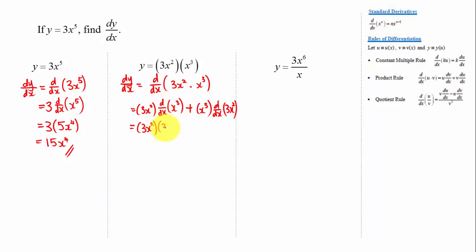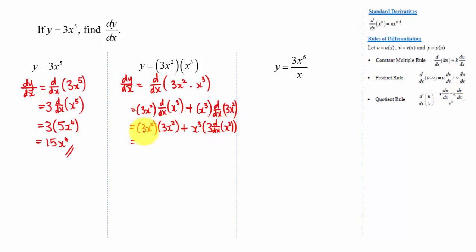So I take down 3, reduce the power from 3 by 1, it will become 2. Plus x to the power 3. If I want to differentiate 3x to the power of 2, remember the constant multiple rule says that the 3 can just stay, and I just multiply to the derivative of x to the power 2.